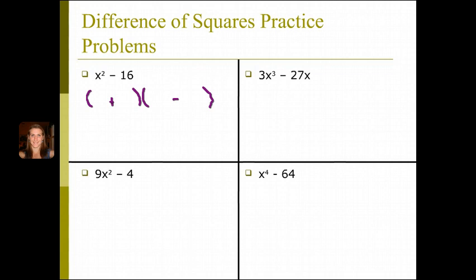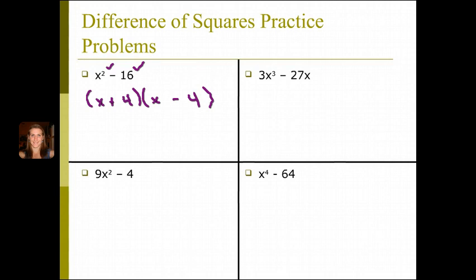Well, the square root of x squared is x, because x times x equals x squared. The square root of 16 is 4, because 4 times 4 is 16. So if you FOIL this out or put it in the box, you'll get x squared minus 16. That's how you double check your work. However, the factors are simply x plus 4 and x minus 4.